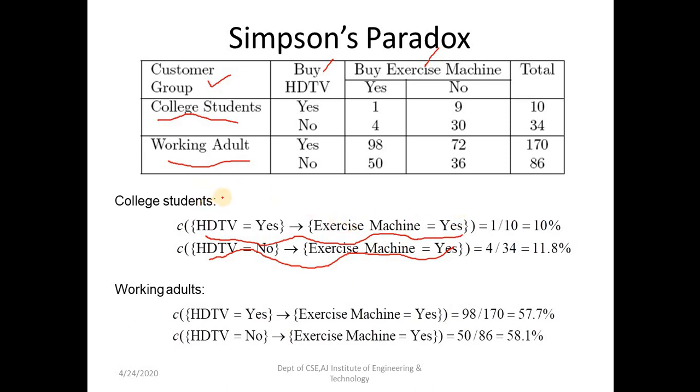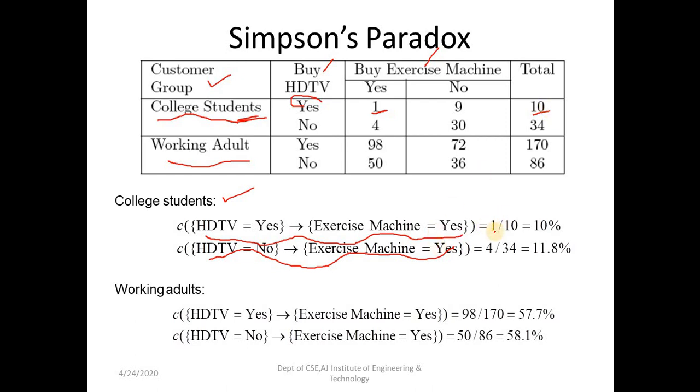Now, for college students, if we calculate, considering only college students, if a customer purchases HDTV, then he will buy exercise machine. So, the support of both HDTV and exercise machine for college students is 1, divided by the total support count of HDTV equal to yes for college students, which is 10.